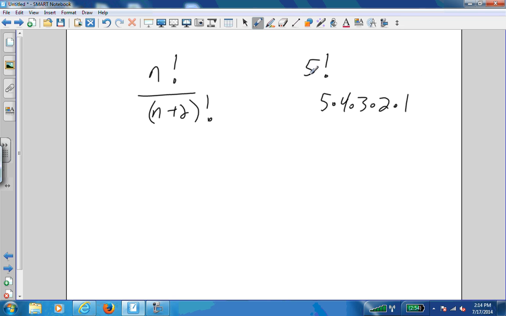You just start at that number and multiply all the way down. So n factorial means n times the next smallest number, so n minus 1, times the next smallest number, n minus 2, times n minus 3, and so forth.